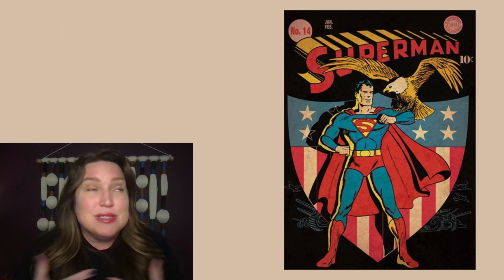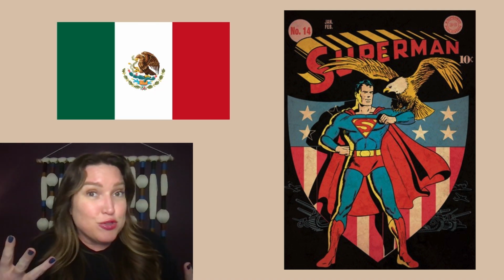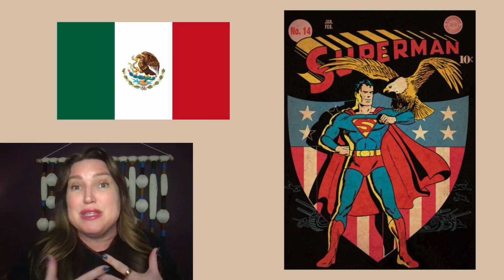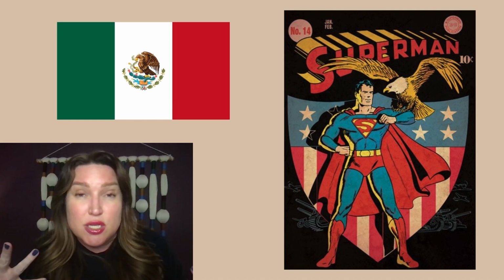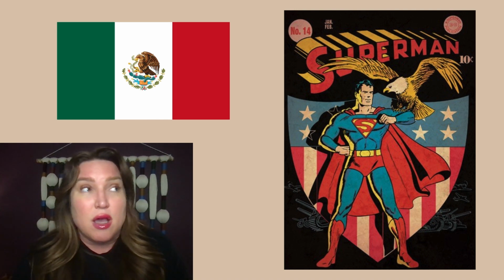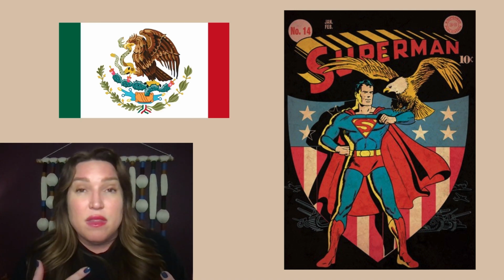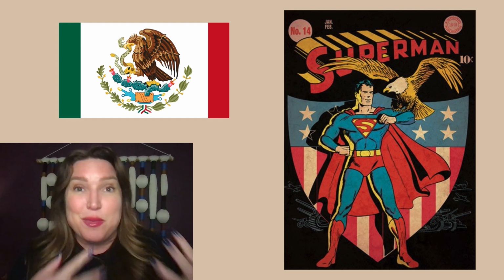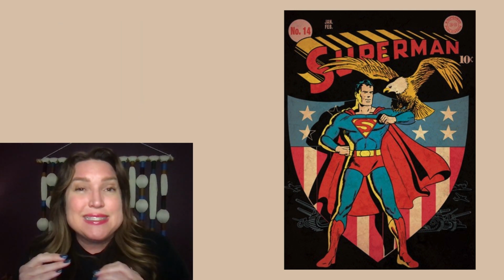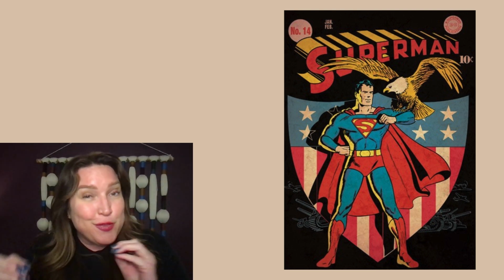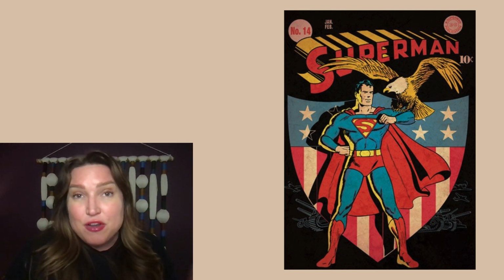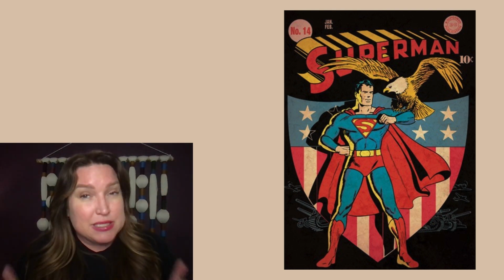However, an eagle, say in Mexican culture, might have a really different symbolism. The eagle might refer more to, for example, the Mexica origin story, or this eagle that you see on the cactus on the Mexican flag. So the point is that the symbolism of the eagle changes depending on the culture that you're in. So this is what I mean when I say that iconography or symbolism is culturally specific.